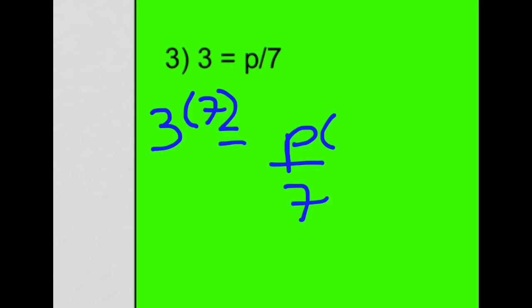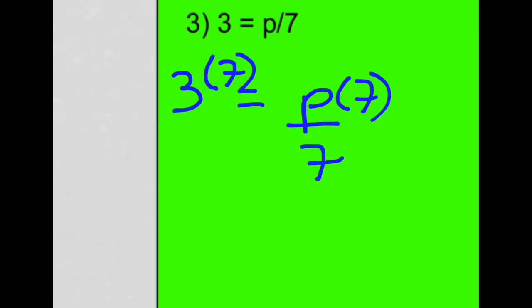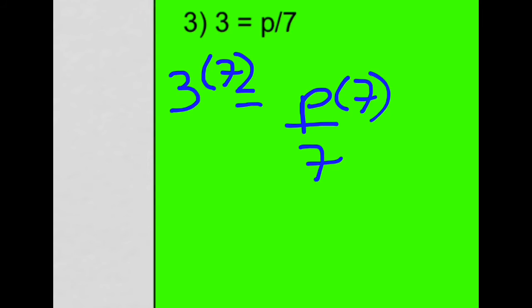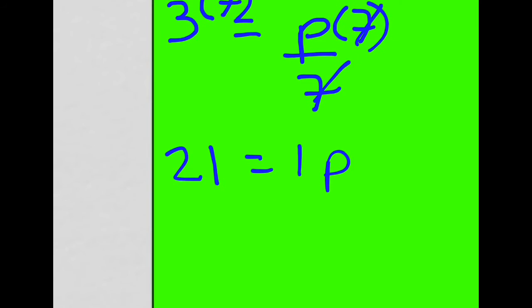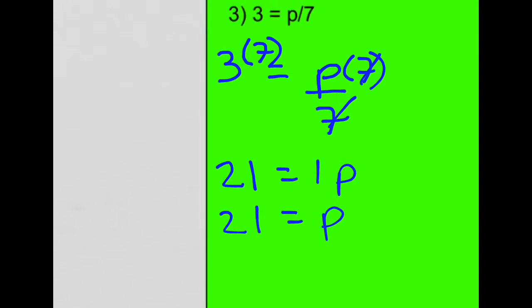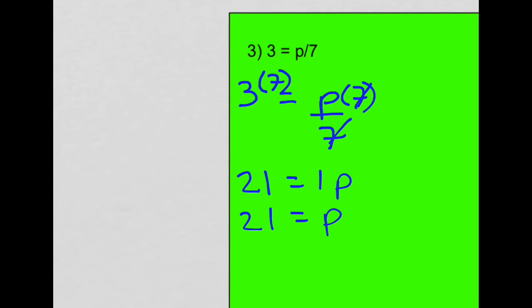And I do that to both sides of the equal sign. Keep everything in the same spot. 3 times 7 is 21. 7 divided by 7 works out to 1p. So 21 equals p. Always working down the page, nice and neat, showing all our work.